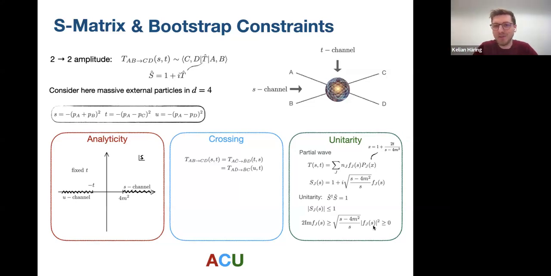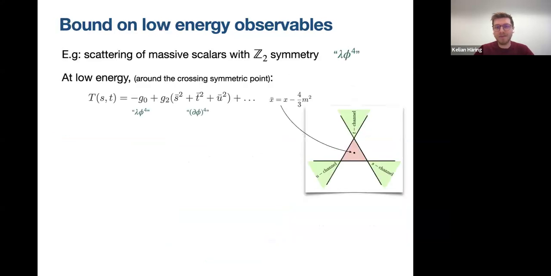And now what I would like to do is give a simple example of how to combine these different ingredients in order to get some non-trivial results on quantum field theories. And so for that, I will consider maybe one of the simplest scattering amplitudes, a massive scalar with Z2 symmetry.